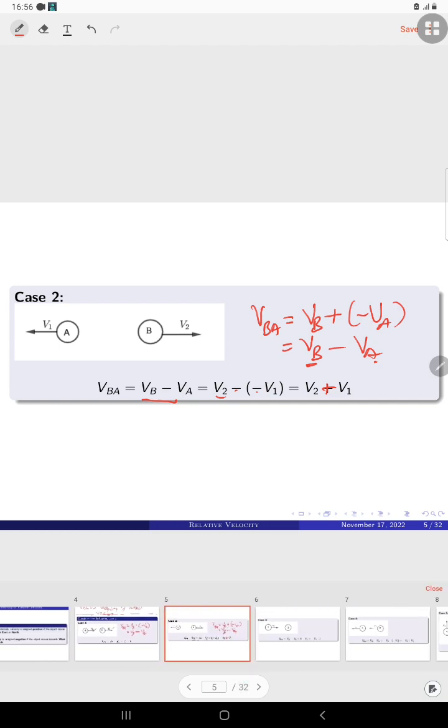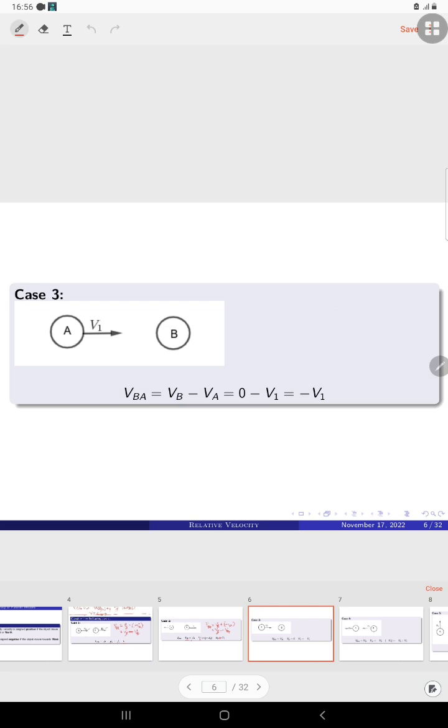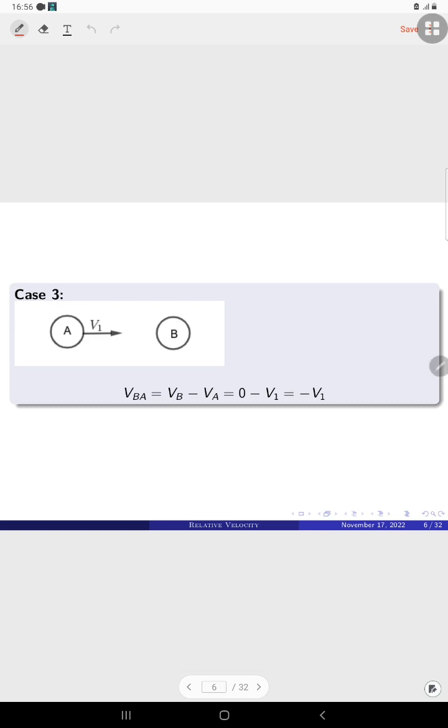Alright, let us look at another case. We have a case where VA is moving towards the east with velocity V1. B is stationary. This diagram means it's not moving.